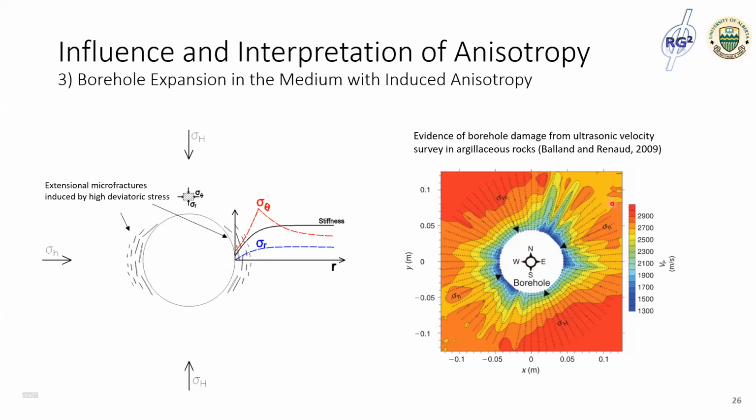They did the tomographic analysis of the ultrasonic velocity survey. It shows the low P-wave velocity near the axis of the minor in-plane stress, and it confirms the damage that might happen as a result of the local stress concentration in such a direction.